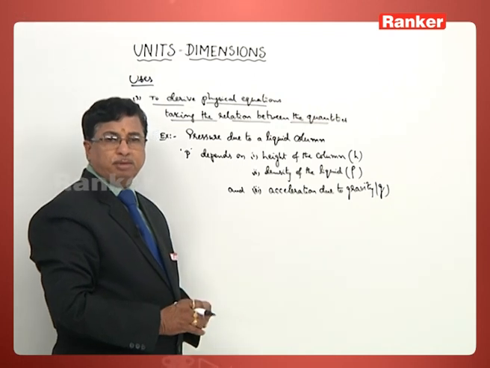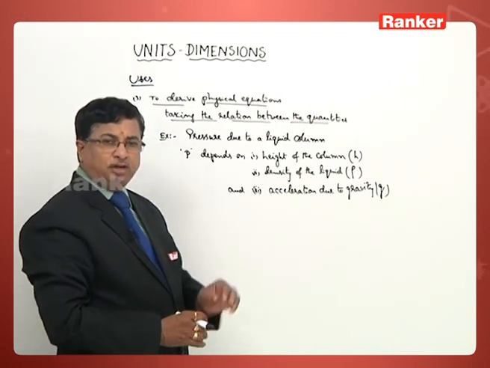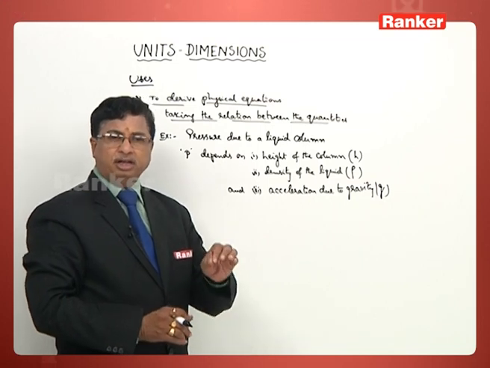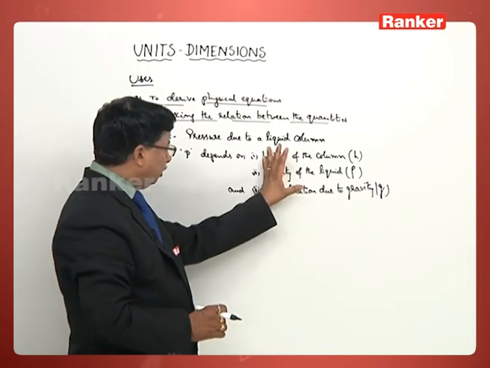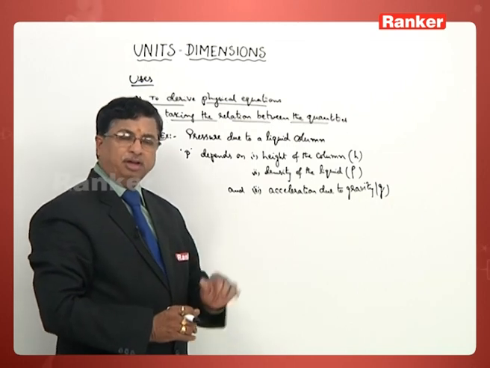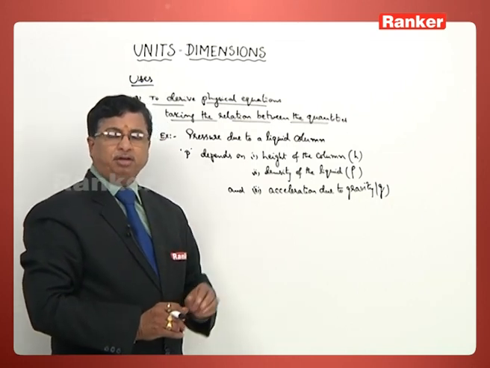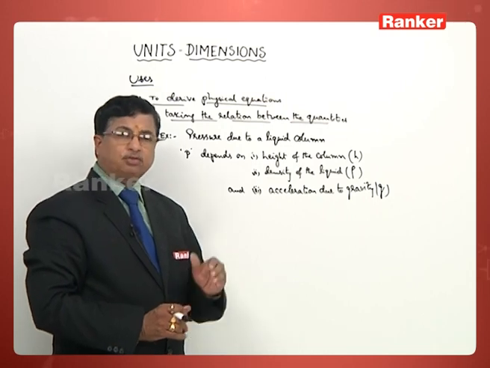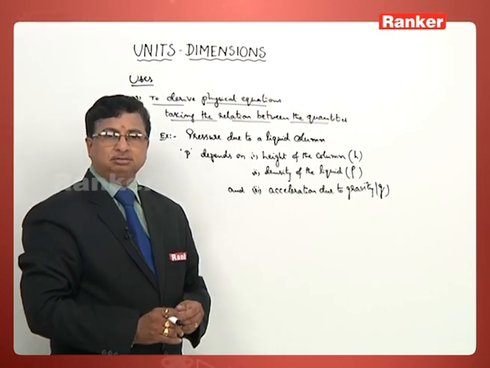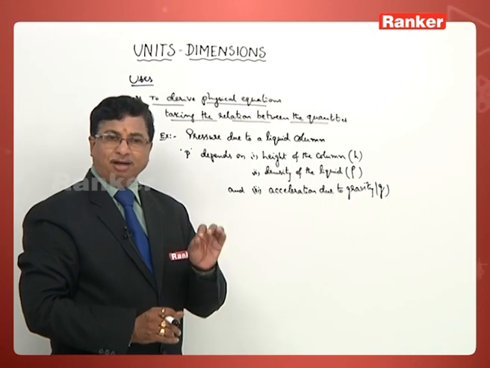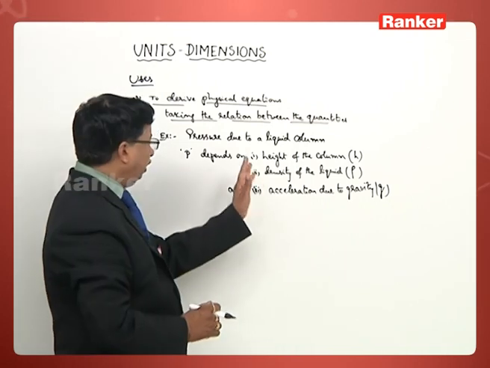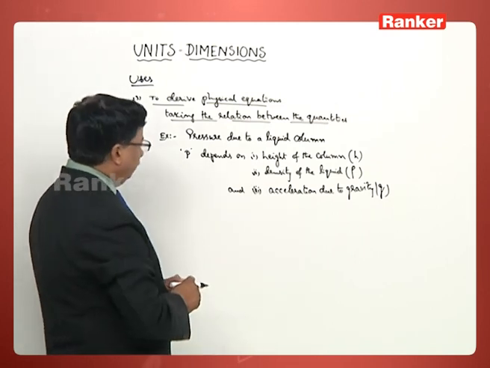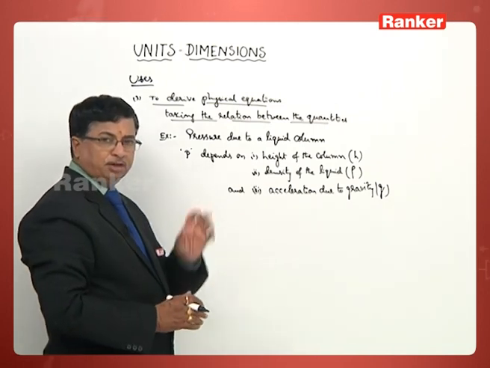In other words, I may ask you like this also: derive an expression for pressure due to the liquid column using dimensional method or dimensional analysis. That is what actually the question is. But in all these models, the methodology remains the same.